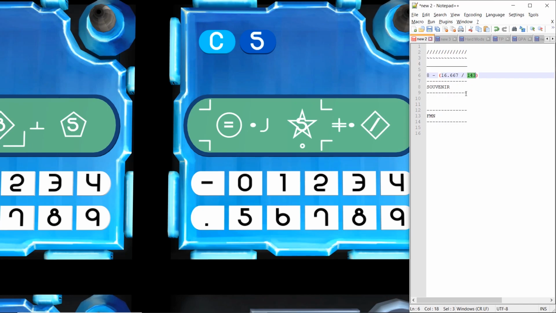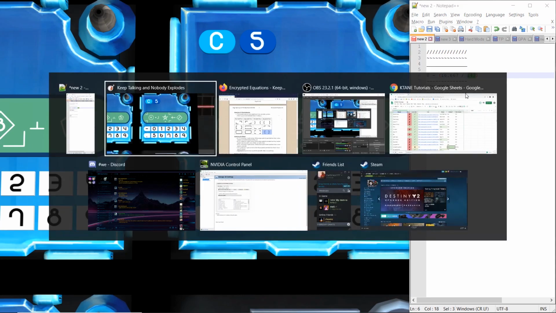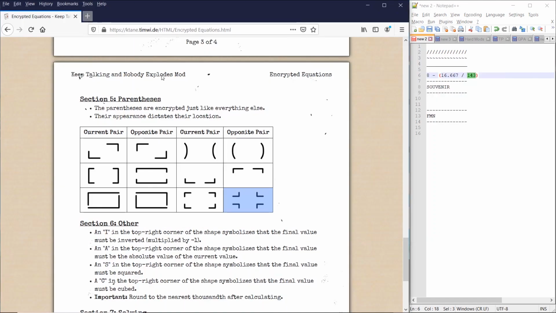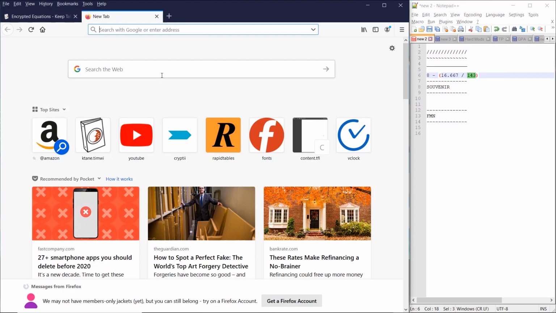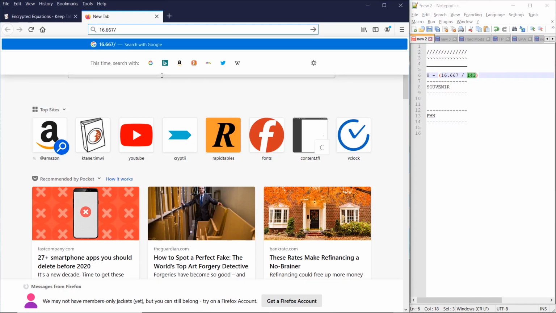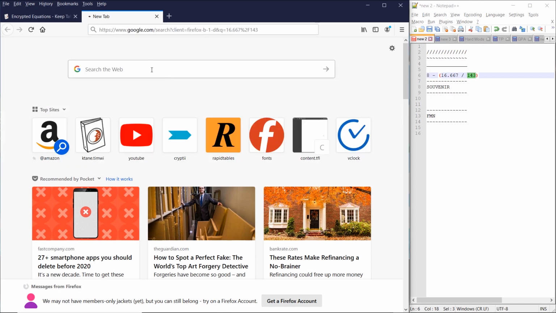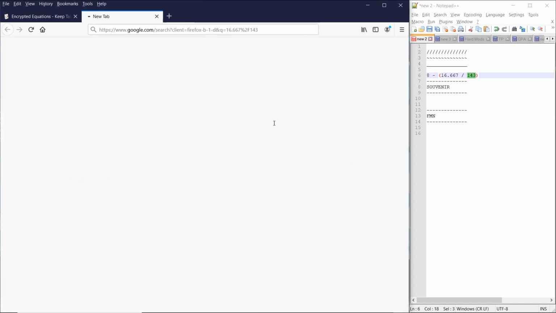So 16.667 divided by 143 is a really small number. I'm using a Google calculator just so I can see how many decimal digits it is, because my calculator puts it in scientific notation.